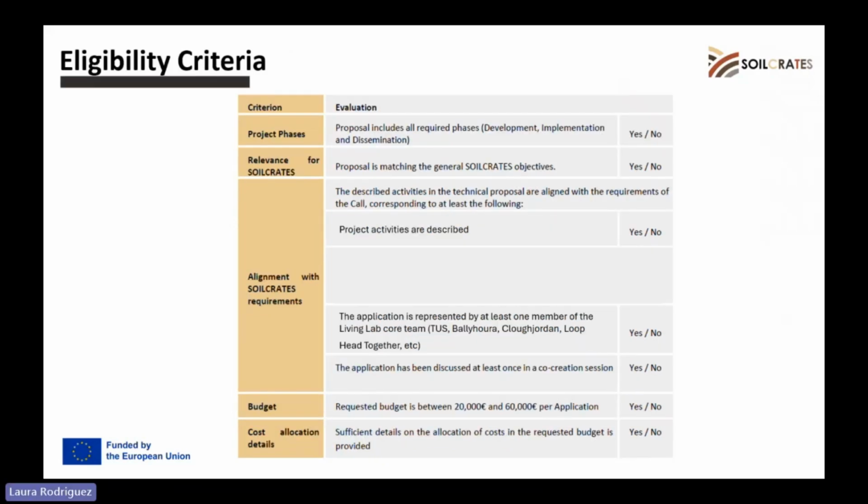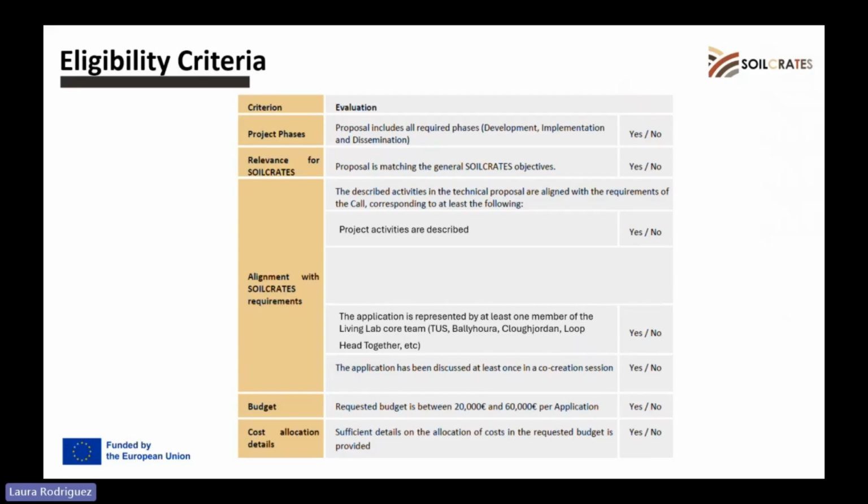For the eligibility criteria, the proposal has to include the three required phases: development, implementation, and dissemination. And of course, the proposal has to match the general Soilcrates project objectives. The technical proposal activities have to be aligned with the call. You have to describe the project activities.